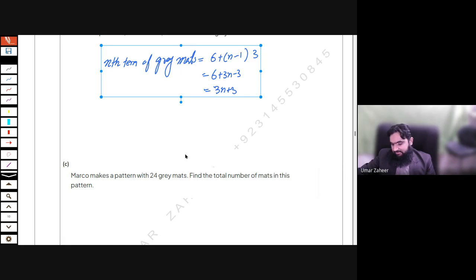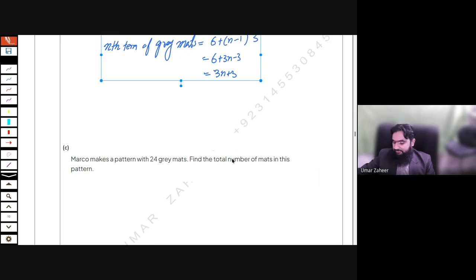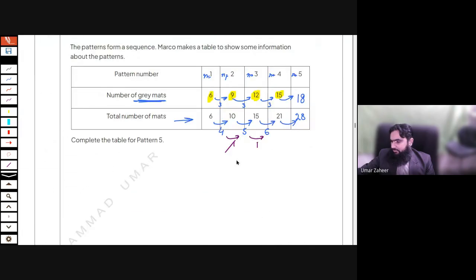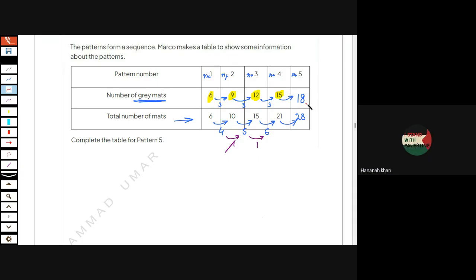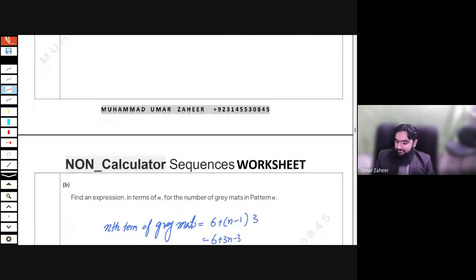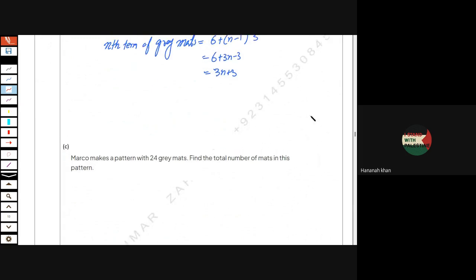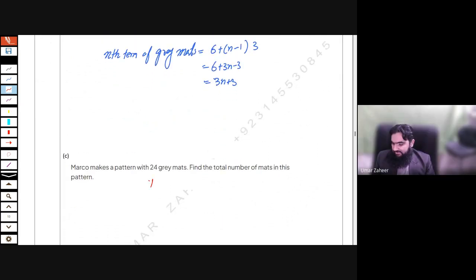We can go one by one, or we can use the formula here. So we substitute 24 in the formula we created? Yes, we can. We have the formula Tn for the gray mats, which is 3n plus 3.